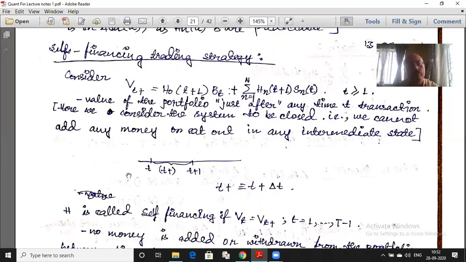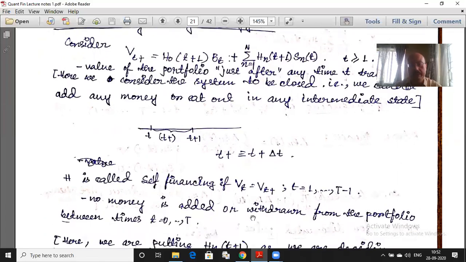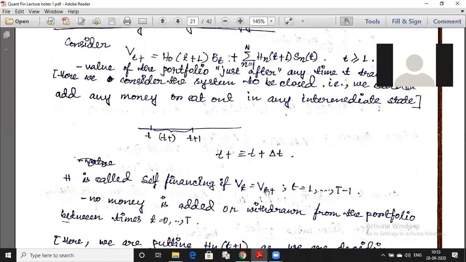Based on the old information, after the period T is over, I am not going to do anything else. That's why, even if I have a notional overnight period where I could potentially withdraw money or add some extra funds, I am not allowed to do so. Is that okay, Madhuri? Yes, yes, understood.